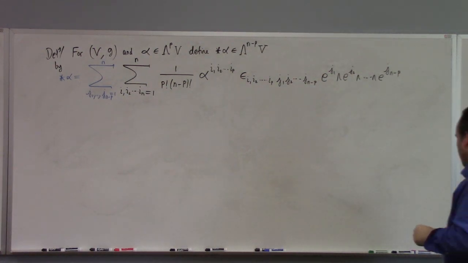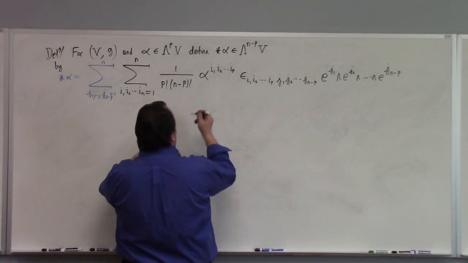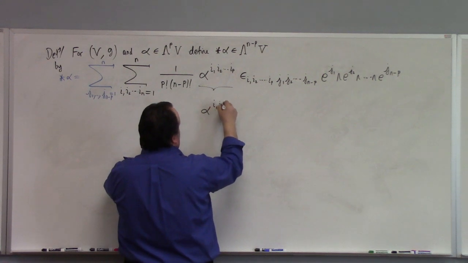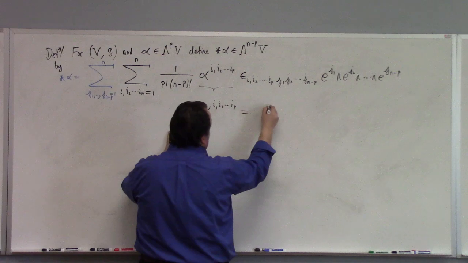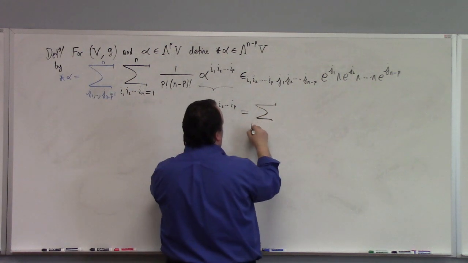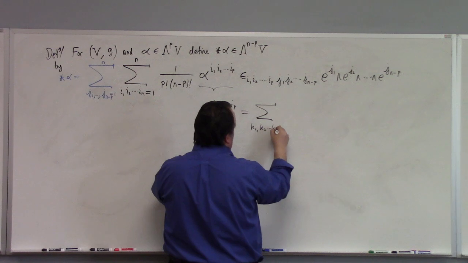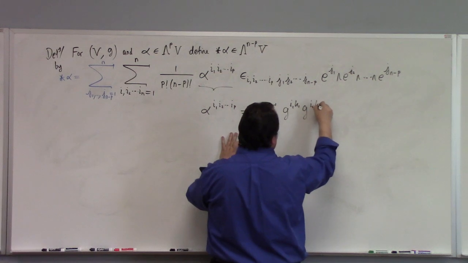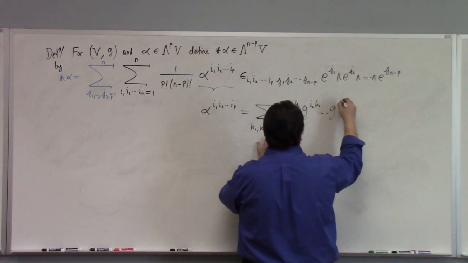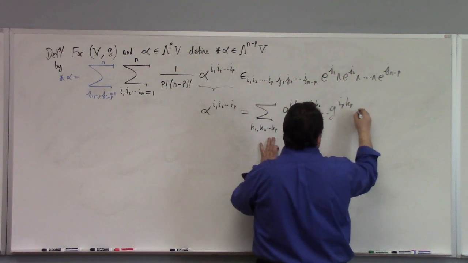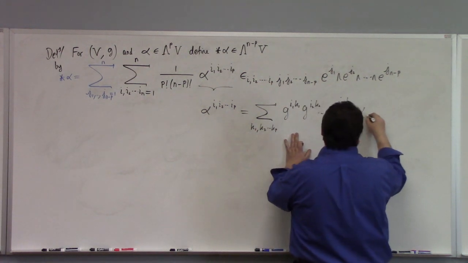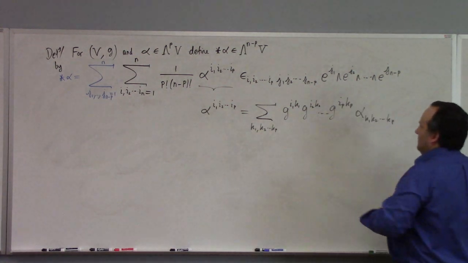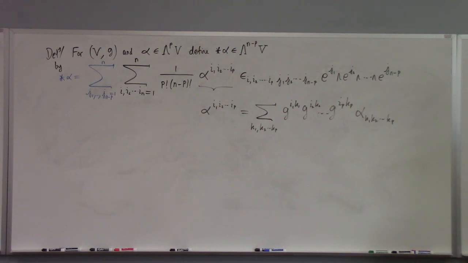Notice that what I mean by this means alpha i1, i2, ip is by definition the summation over k1, k2, kp of g upper i1 k1, g upper i2 k2, g upper ip kp of alpha sub lower k1, k2, kp, where these are the usual tensor components of the p-form.